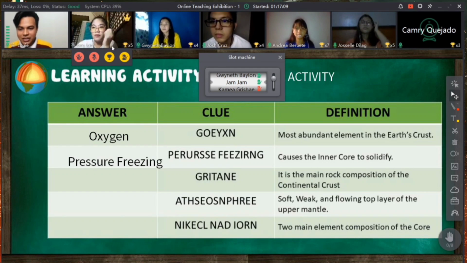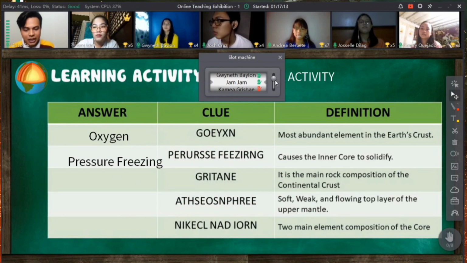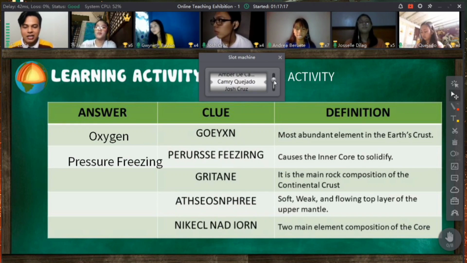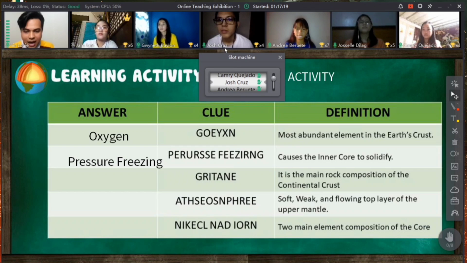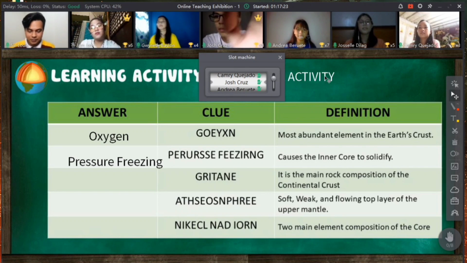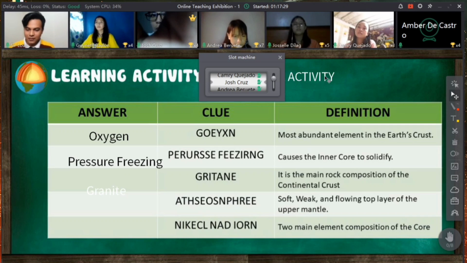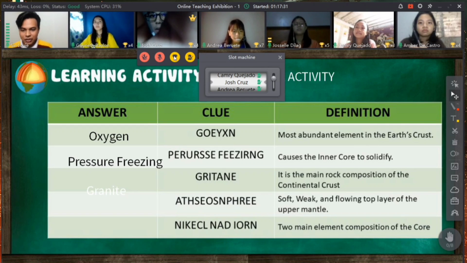The correct answer is pressure freezing. Number 3, it is the main rock composition of the continental crust. So let us have Josh. Okay, please type in your answer. Okay, very good. The correct answer is granite.